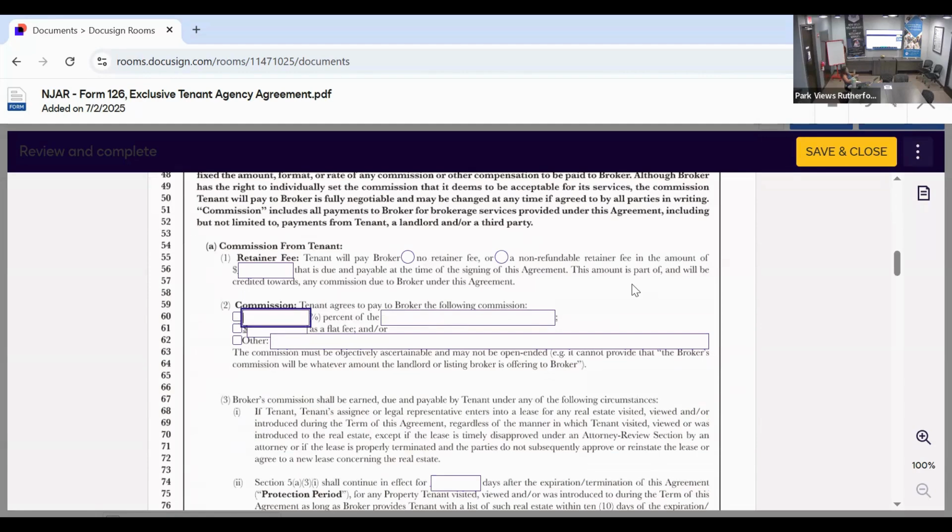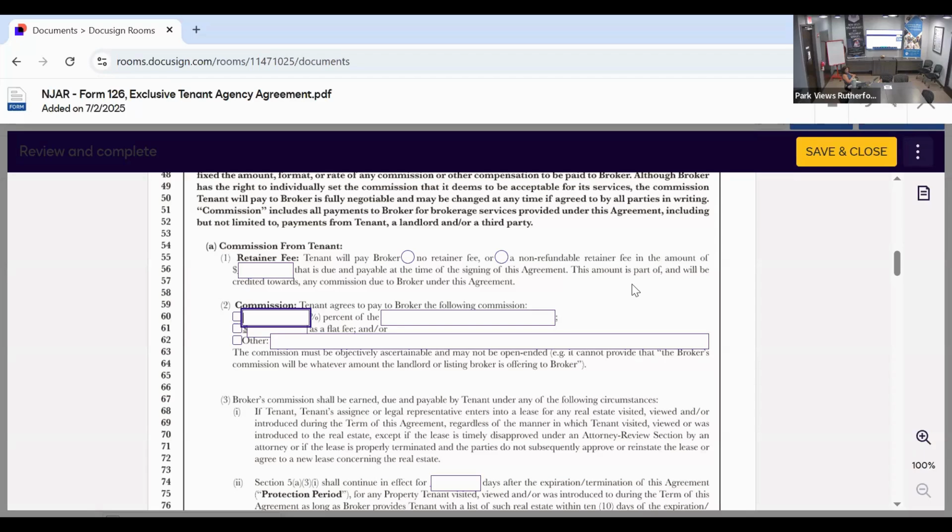In this percent box, I see a lot of agents, and I'm not saying it's anyone in particular that's on Zoom or here, but I see it across the board in 3 different offices when I'm checking compliance. I see people write 0.5%. That is not 50%. That is 0.5%.